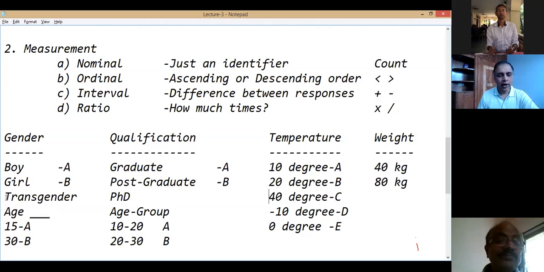Gender: boy, girl, transgender. Qualification: graduate, postgraduate, PhD. It is also MCQ. But gender is nominal and qualification is ordinal. So you will find all the time that MCQ questions are either nominal or ordinal.